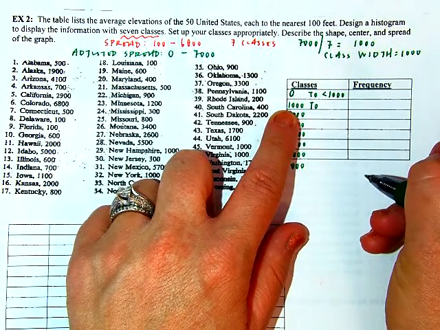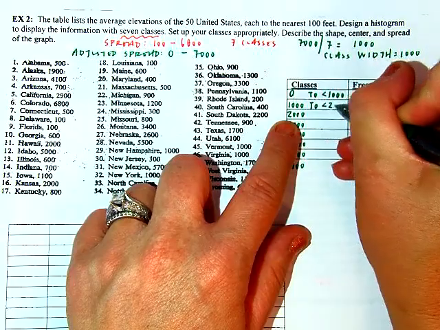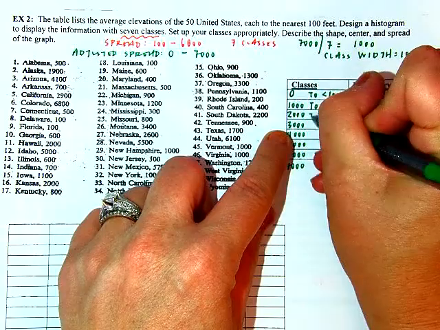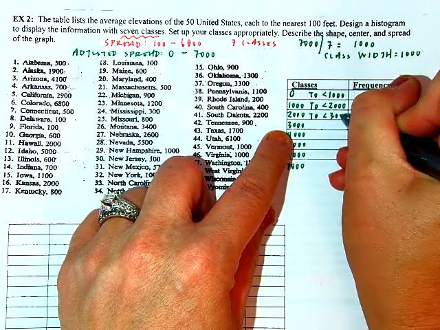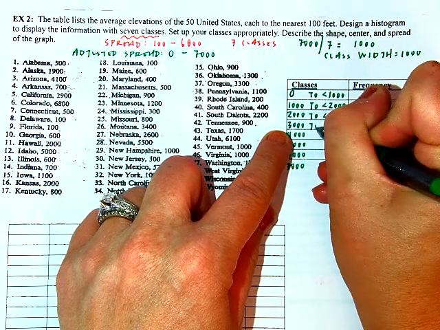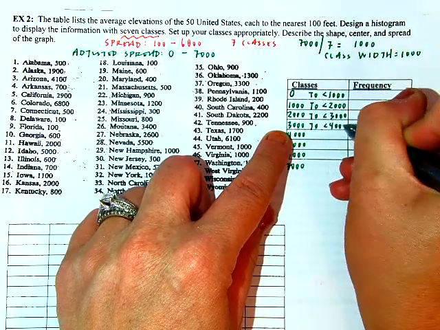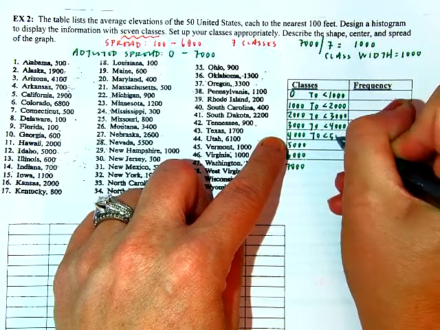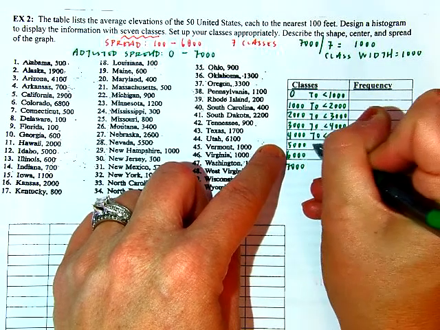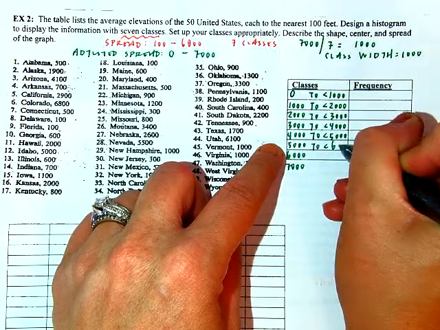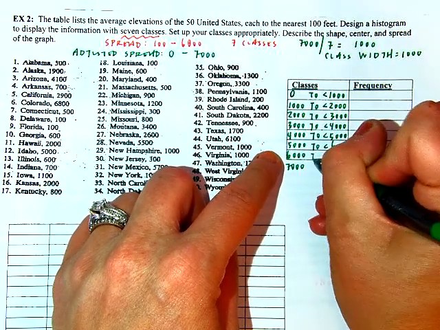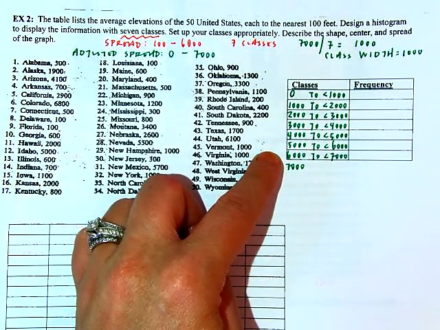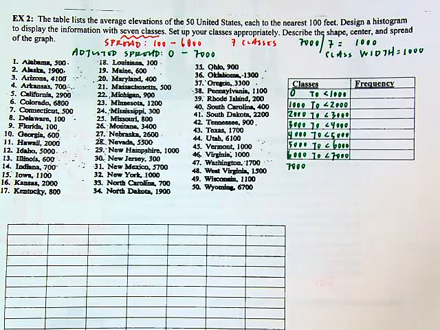This one is 1,000 to just under 2,000, 2,000 to just under 3,000, 3,000 to just under 4,000, 4,000 to just under 5,000, 5,000 to just under 6,000, and 6,000 to just under 7,000. Okay, so I've built my 7 classes.